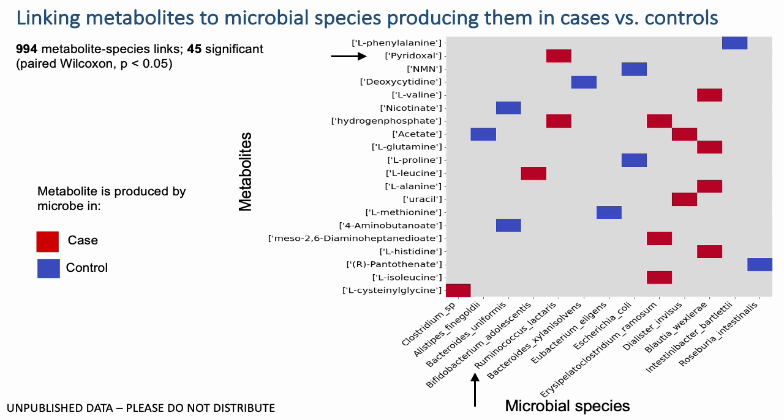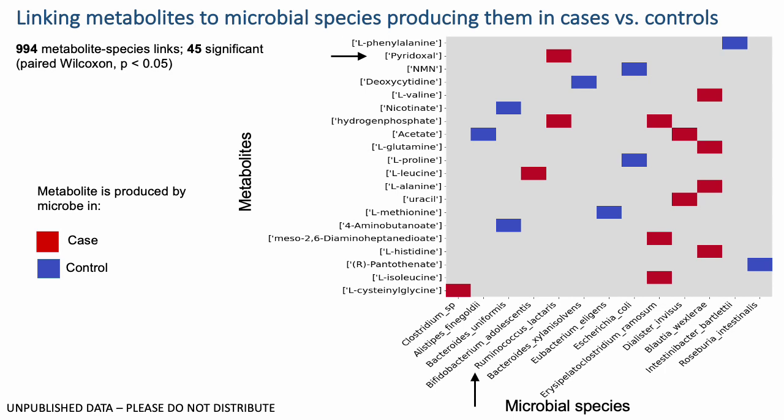So looking at this heat map, we can see that this metabolite is produced by Ruminococcus lactaris, and interestingly, higher abundances of this species have been previously implicated in other autoimmune and inflammatory conditions. So by using Gems of Metabolism, we are able to really trace back specific microbial species that are responsible for the production of metabolites that are implicated in disease pathogenesis.